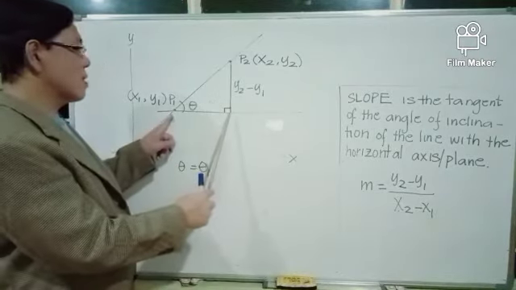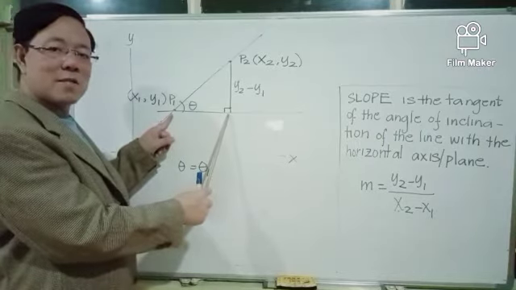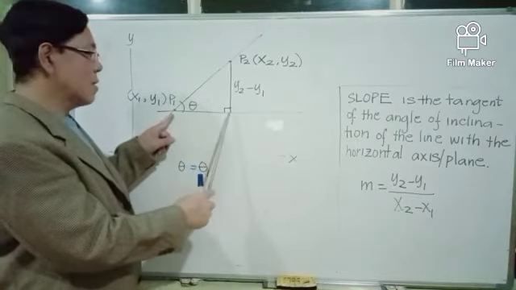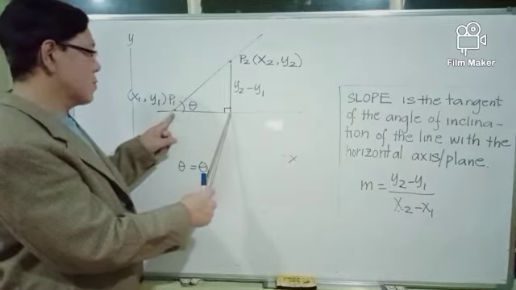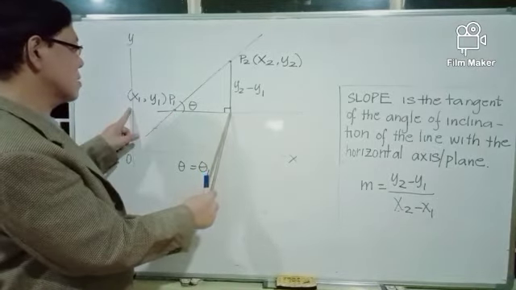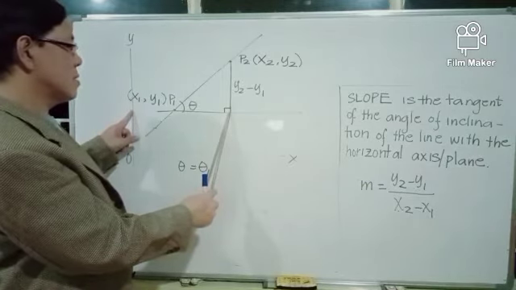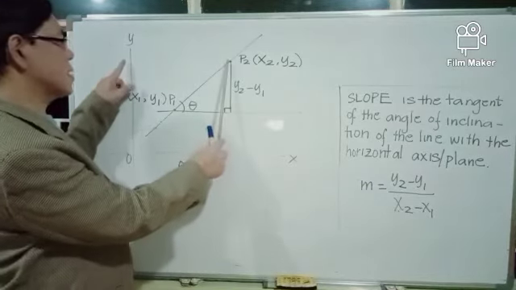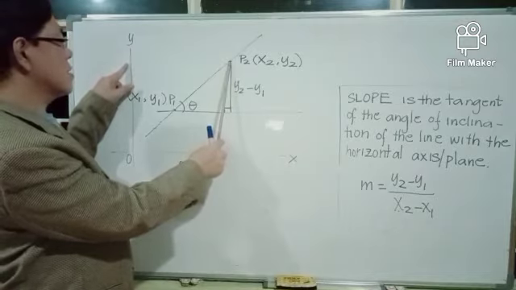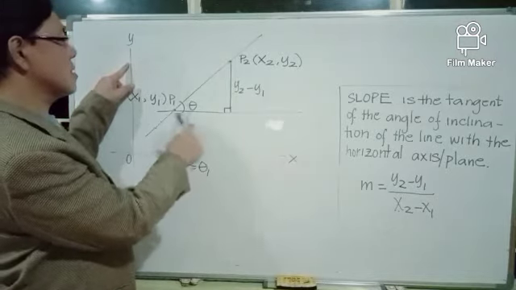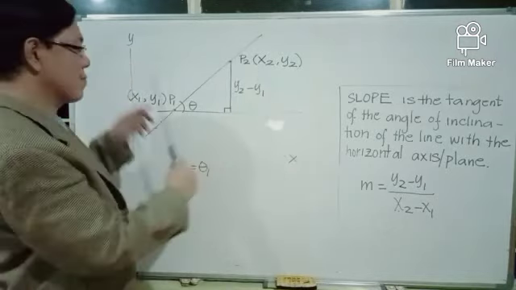And we find the length of this adjacent side of this right triangle. This length is equal to this length. And the distance of P2 from the y-axis is given by x2.